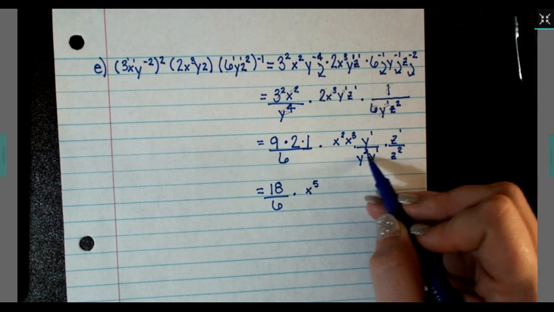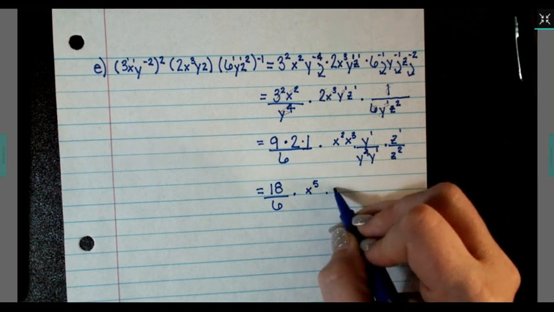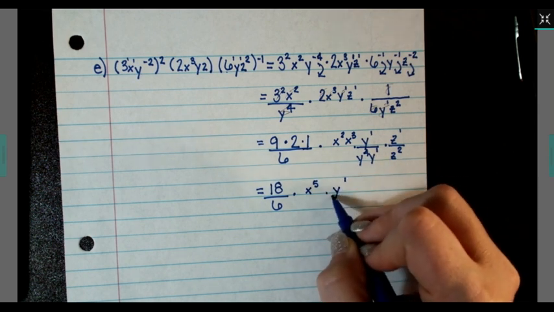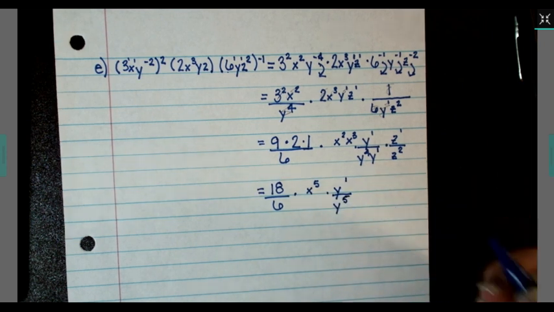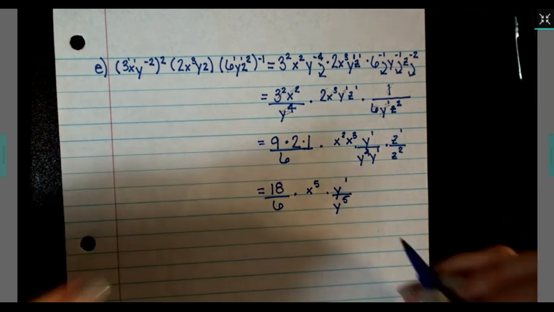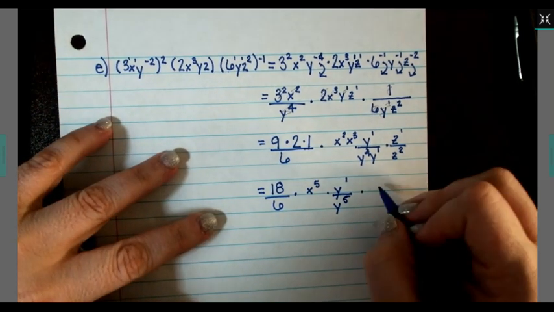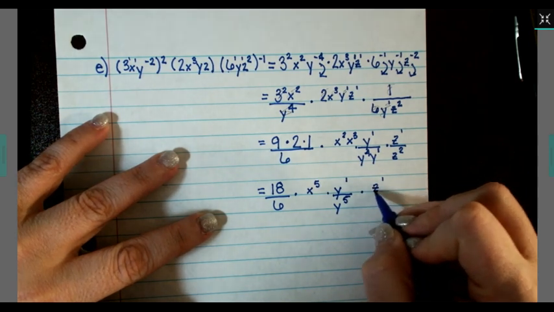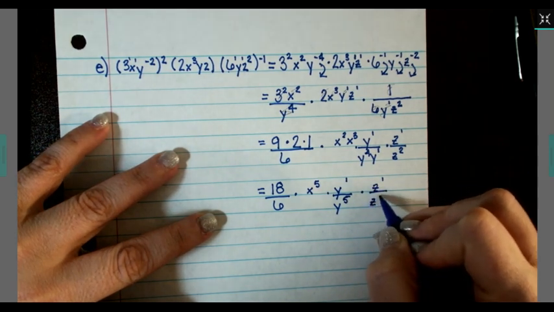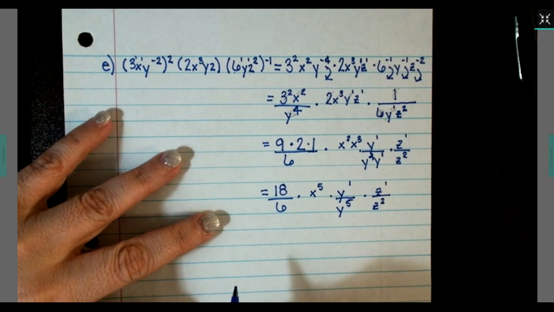So I got to add these down in the bottom, right? So I got y1 in the top and y5 in the bottom. All right. We have z1 and z to the 2.